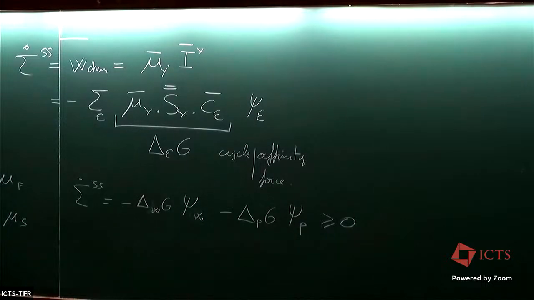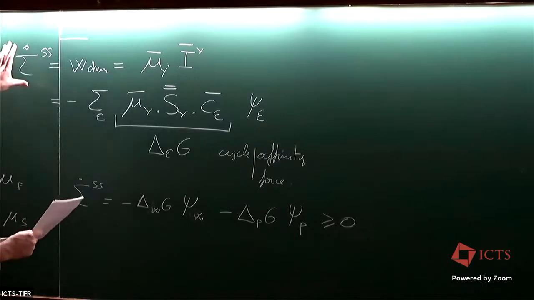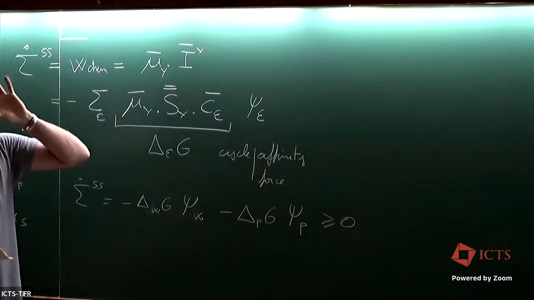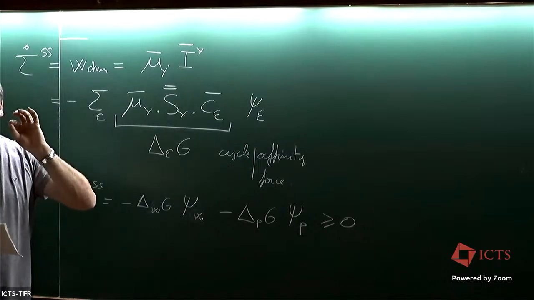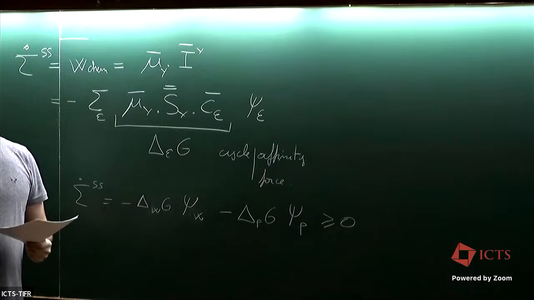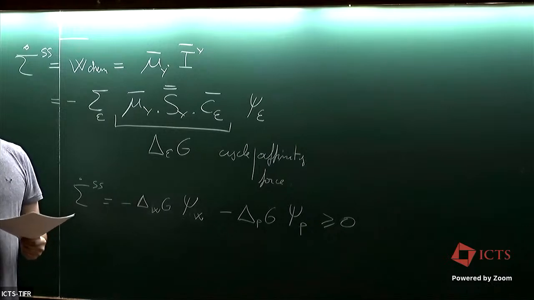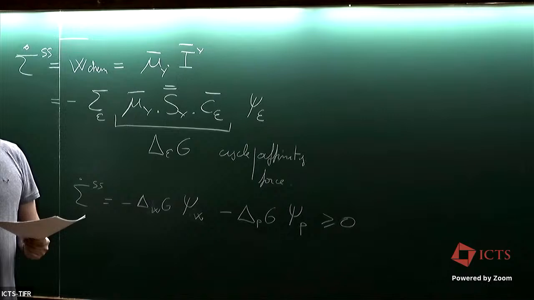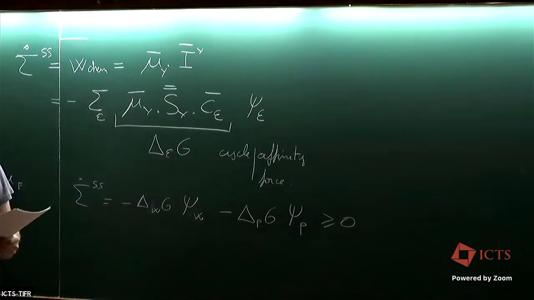Okay, now comes the really crucial difference. You remember that when we were expressing the entropy production in terms of elementary reactions, entropy production was a sum of positive terms for each reaction. Every delta G flux with the minus had to be positive.